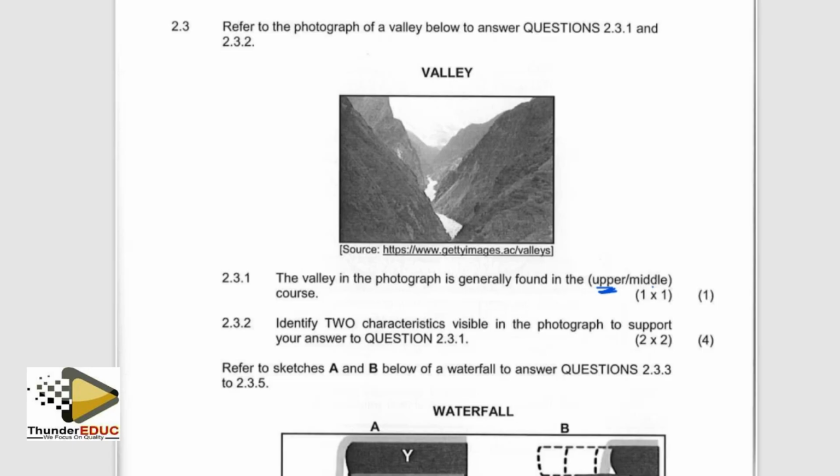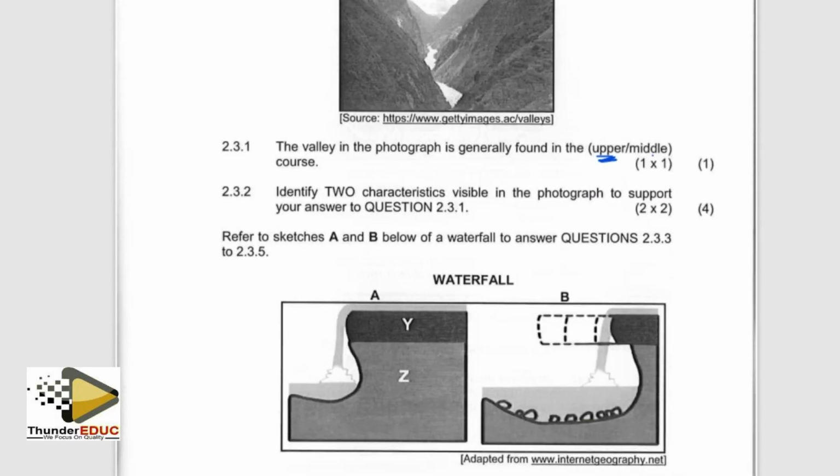Identify two characteristics visible in the photo to support your answer. Which characteristic? Number one is the narrow valley. Very narrow valley. So besides the narrow valley, you can see the V-shaped valley is also evident.